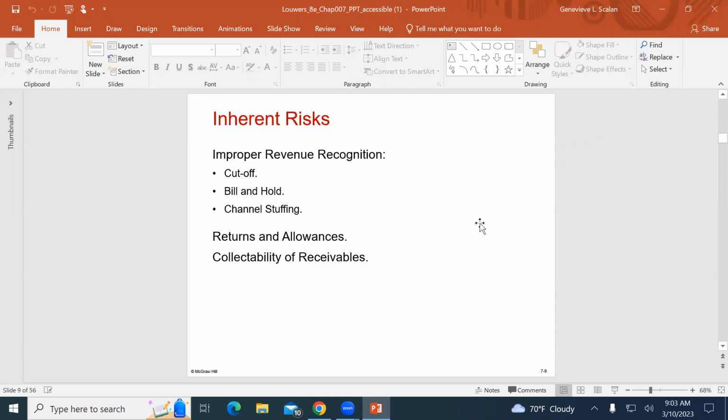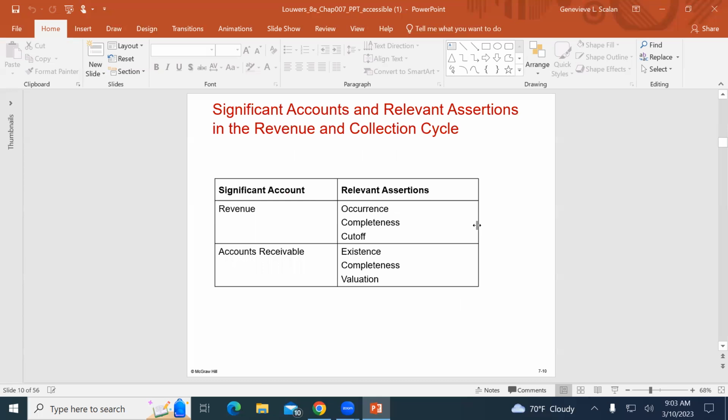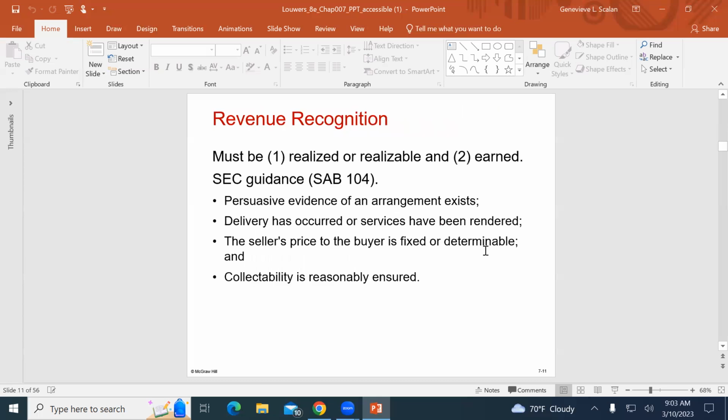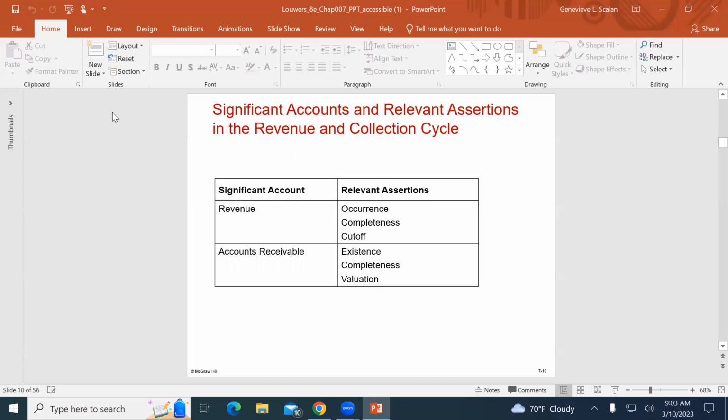We talked about the inherent risks in this revenue and collection cycle, mainly auditing, of course, revenue and accounts receivable and the various little smaller accounts that go with them, sales returns, allowances, allowance for bad debt expense. Most of those are not particularly material, but obviously a material mistake can enter a lot of different places.